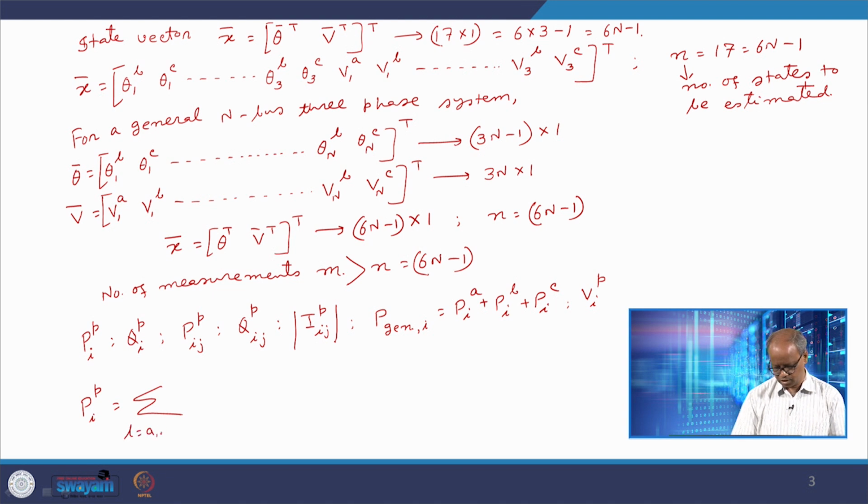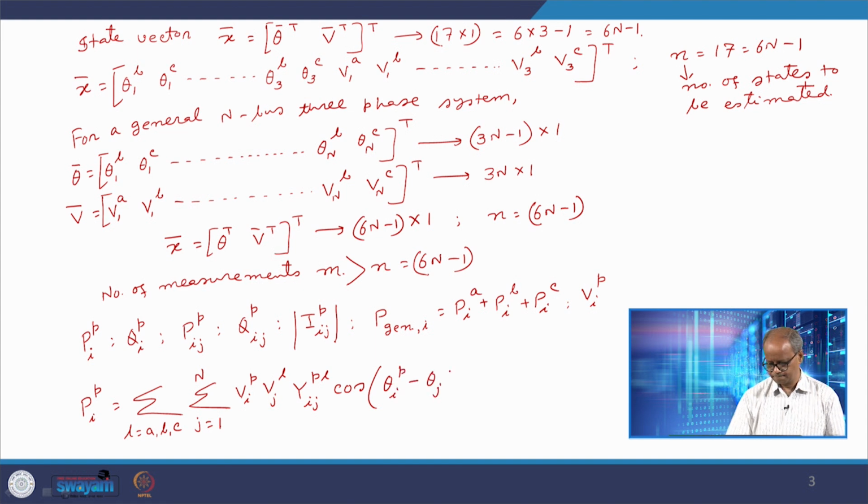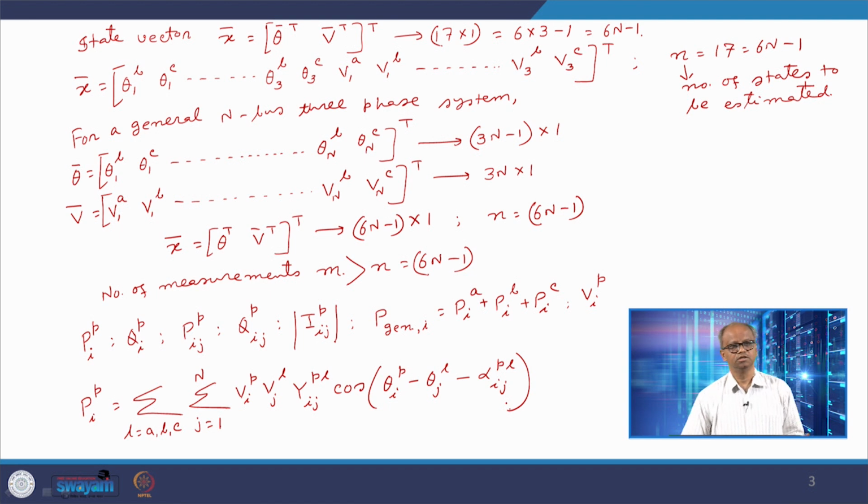L is equal to A, B, C, J is equal to 1 to N, then it is VIP, VJL, YIJPL, cosine of theta IP minus theta ij. So this is the expression of PIP. This we have already derived, so we are not going to derive it again.